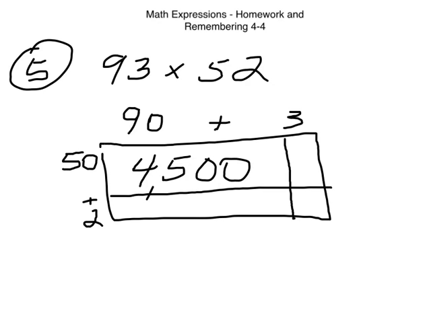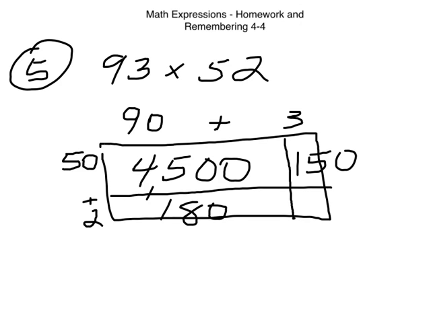Then in this skinny rectangle underneath it, we have 90 for this length and 2 for this width. So 90 times 2 is 180. And then over here, we have 3 times 50, which is 150.